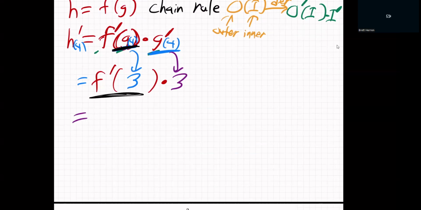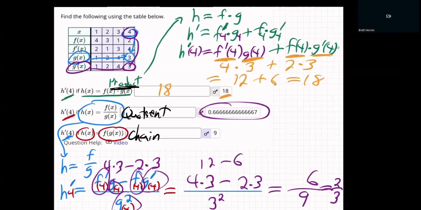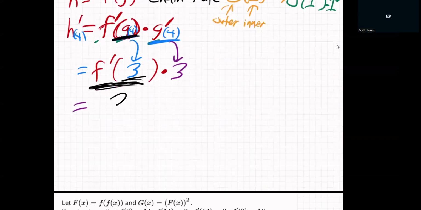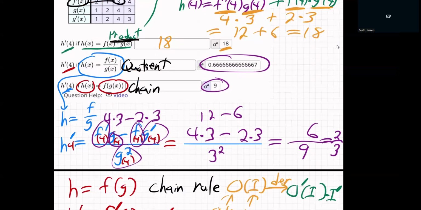The inside g of 4 became 3. Now it's f prime of 3, the outer. So we go back, f prime of 3, it's 3. f prime of 3 is 3 times the other 3, so the answer is 9. And sure enough, that's pretty tricky. There we go, 3 rules: product rule, quotient rule, chain rule. The chain rule was the trickiest.